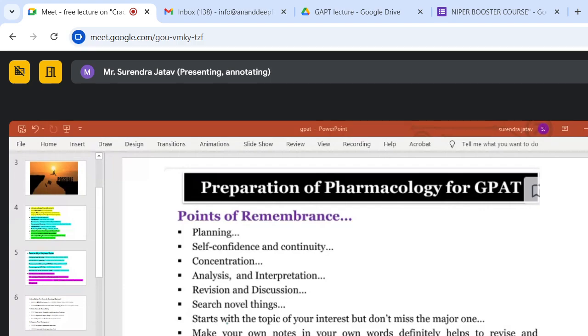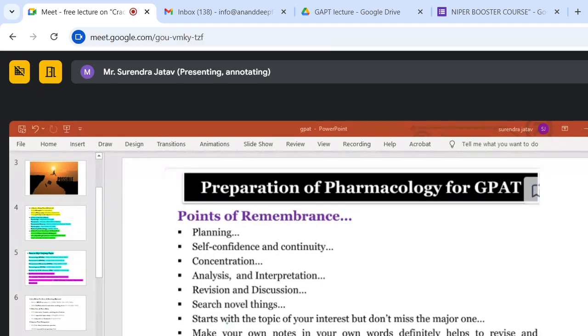Prioritize your time. Start with the topic of your interest, as I discussed, Isha was saying, start with the topic in which you have the most interest. Don't miss the major one. Again I am telling you, you have to focus on other subjects also. Make your own notes in your own words, always written by yourself.